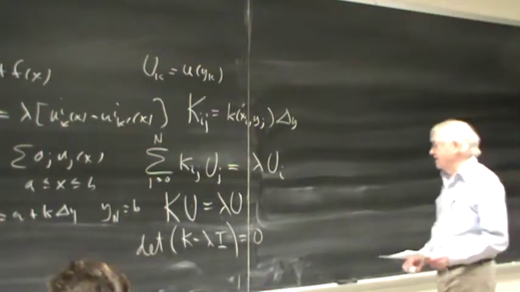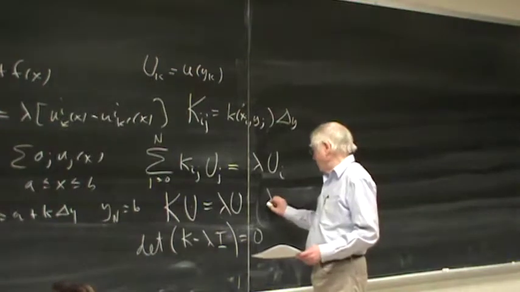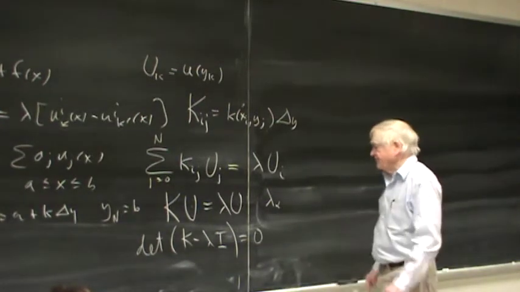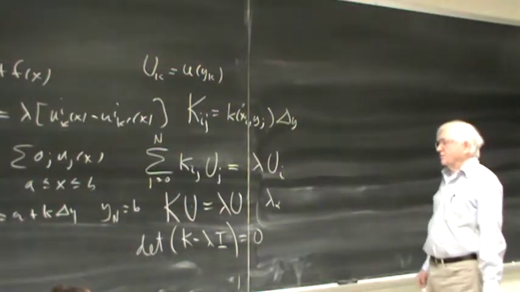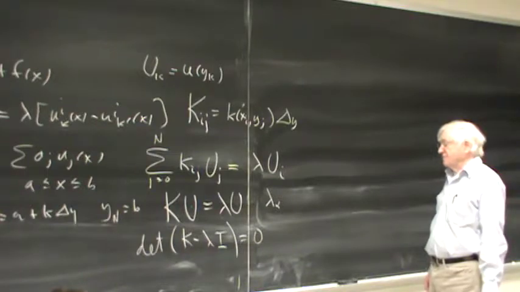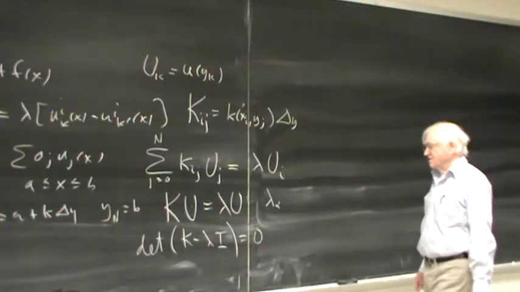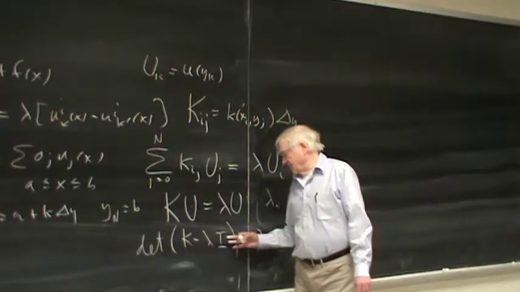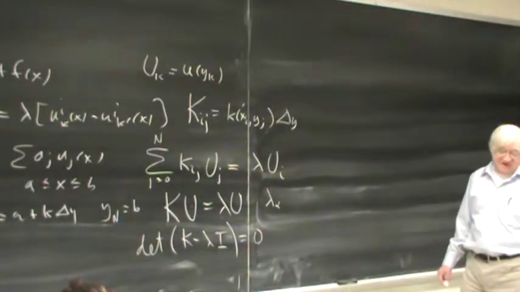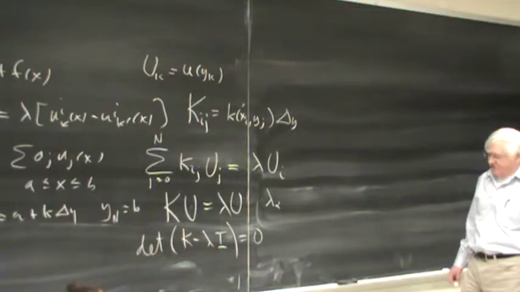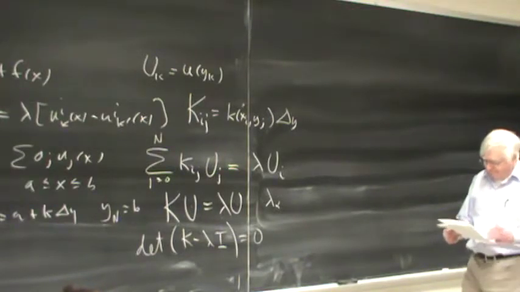Anyway, that gives you then the eigenvalues lambda alpha, and in fact, potentially you'd have a great many eigenvalues, because a matrix that big, if it's 1,000 by 1,000, could have in principle 1,000 eigenvalues.